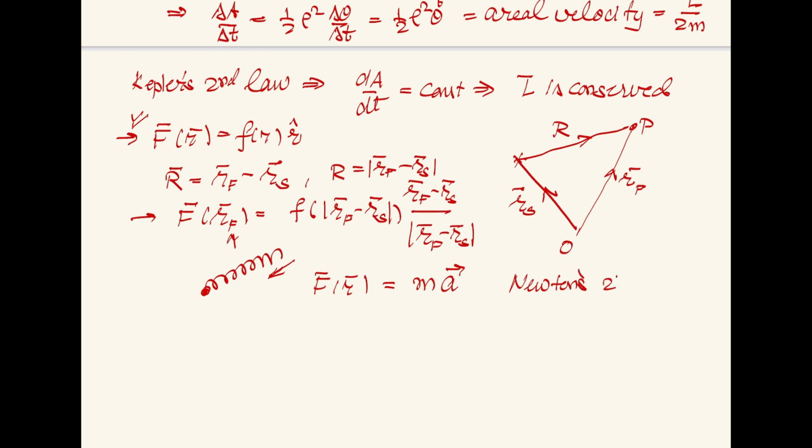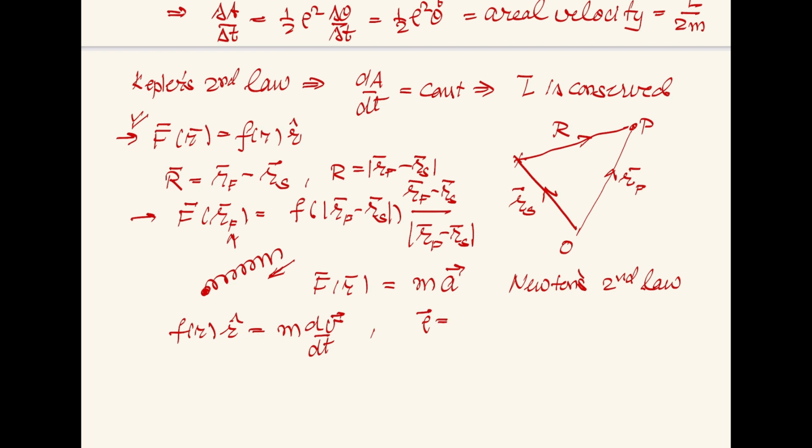So let us apply Newton's second law for a particle moving in a central force. We know that this is equal to F of R times R hat, that's equal to m into d of v vector by dt. Is that right?